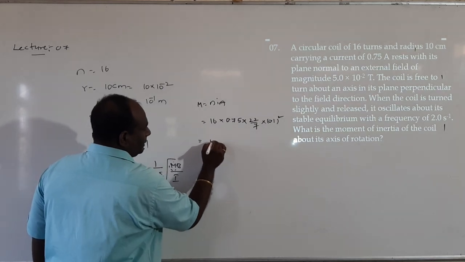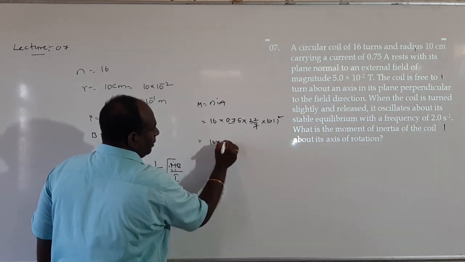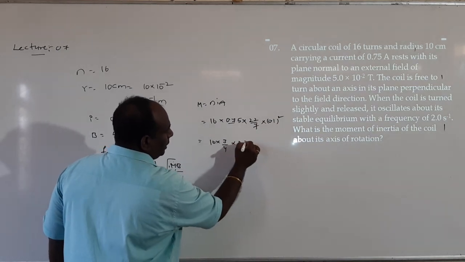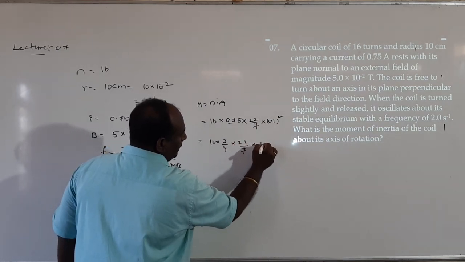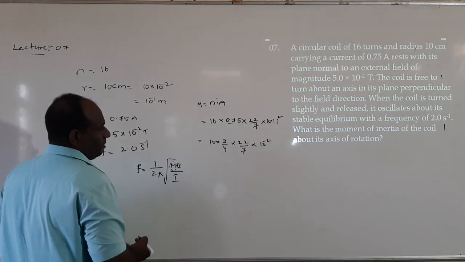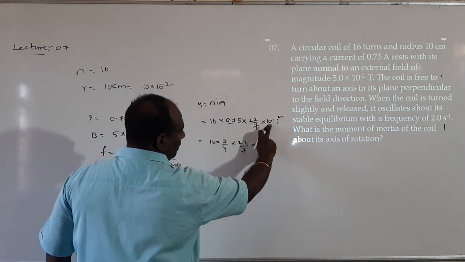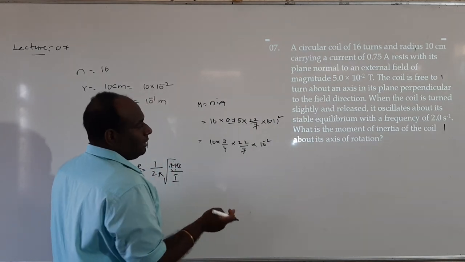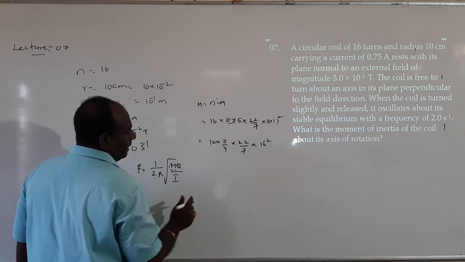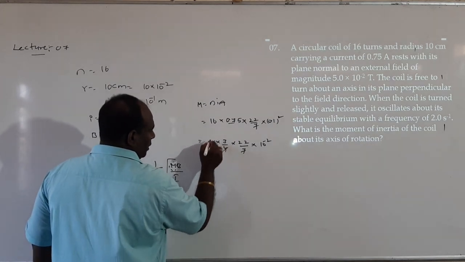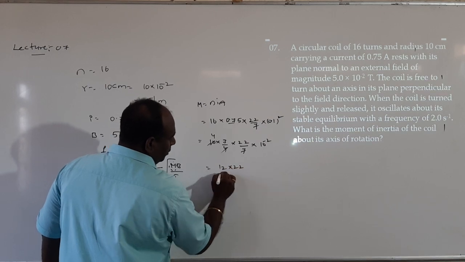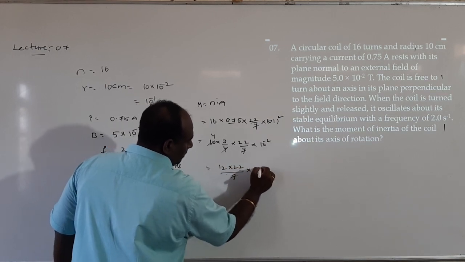From this, 16 into 0.75, I am going to write as 12. Then 0.1 we can write as 10 power minus 1, whole square, equal to 10 power minus 2. So 12 into 22 by 7 into 10 power minus 2.